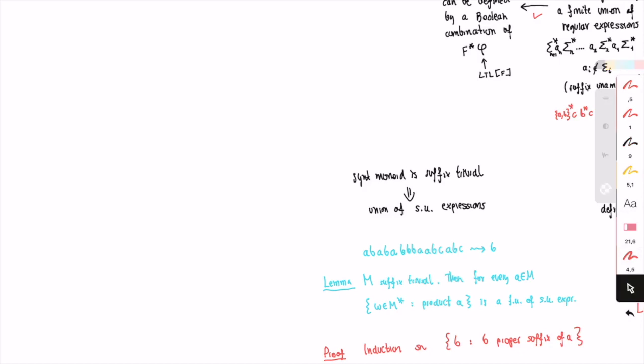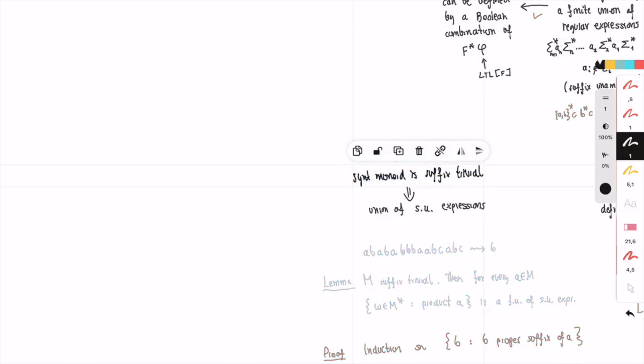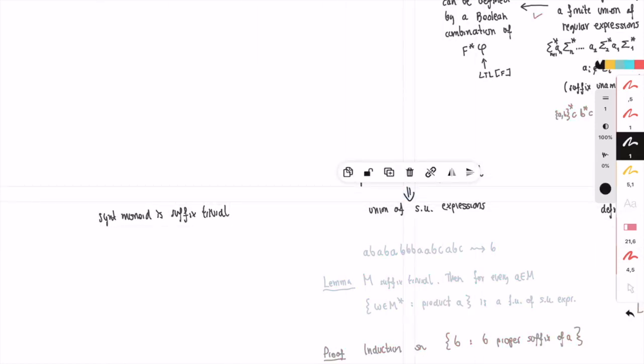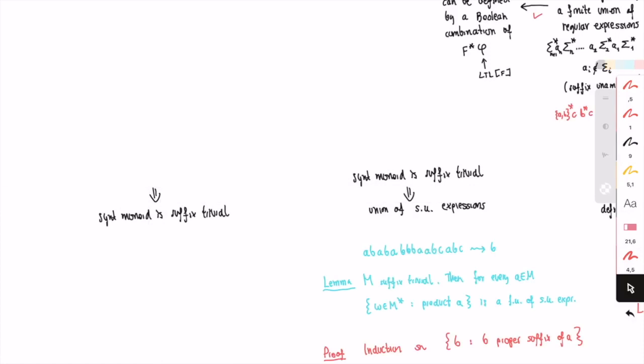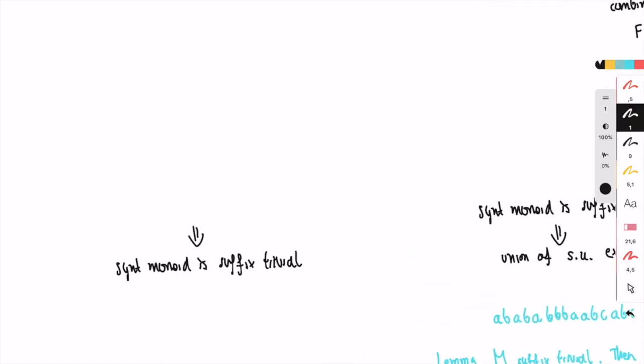We want to show that if it can be defined in the logic, then the monoid is suffix trivial. A Boolean combination of. And we're going to prove the contrapositive.